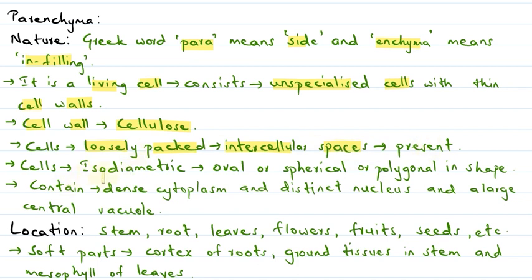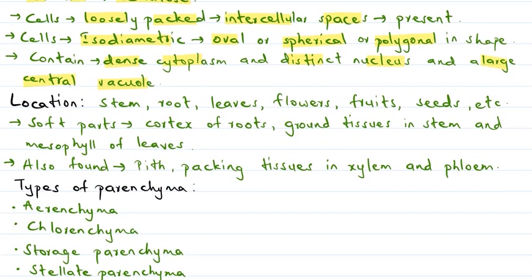The cells are isodiametric, which means they are more or less equally expanded on all sides, and they could be either oval or spherical or polygonal in shape. So these cells of parenchyma tissues contain dense cytoplasm and a distinct nucleus, and there is a large central vacuole present in these cells. Then we studied about the location of parenchyma tissues.